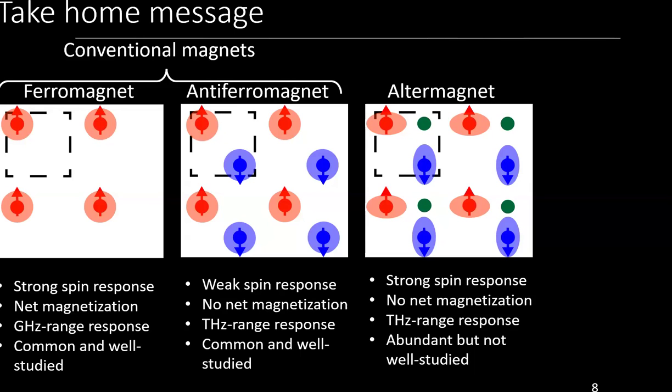These materials, as I mentioned before, combine two properties. So they have strong spin response. They have no net magnetization, and terahertz-range response. They are limited. If I were a material scientist, I would say that there are thousands of materials discovered by database search, but I'm not.